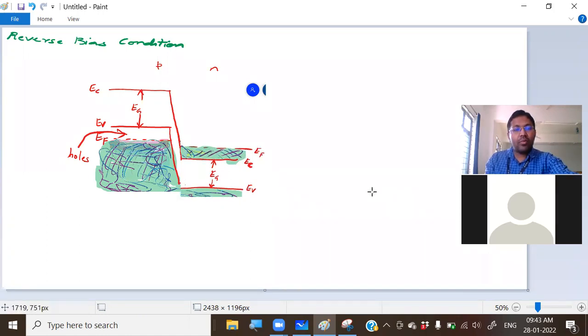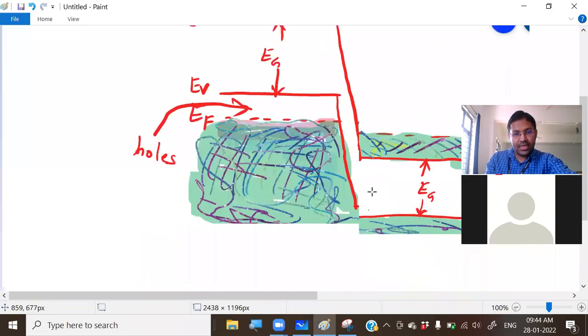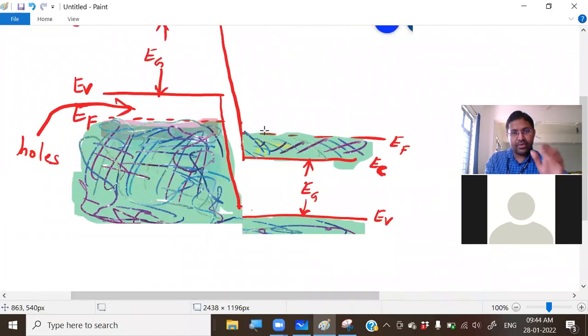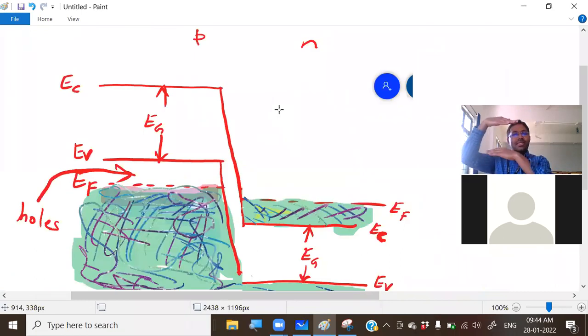I hope all of you are able to notice that now the energy levels are shifted. Just to focus on this part: under reverse bias conditions, on the N side the energy levels shift downward. I've shown a slight downward shift.